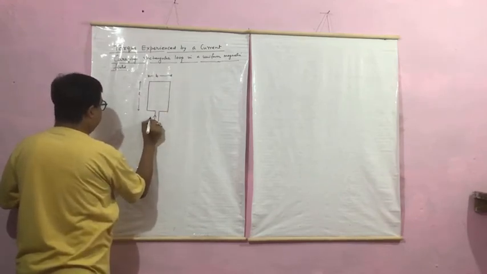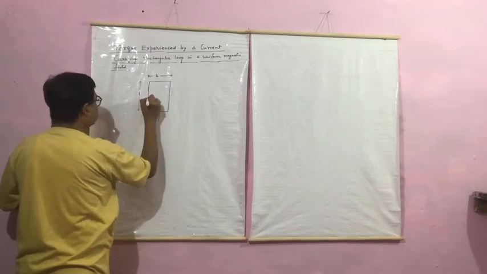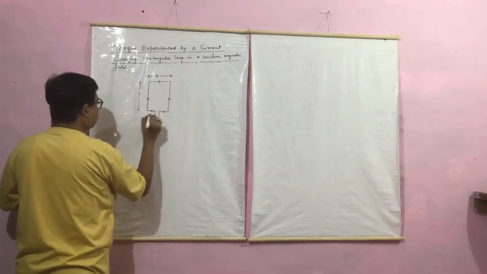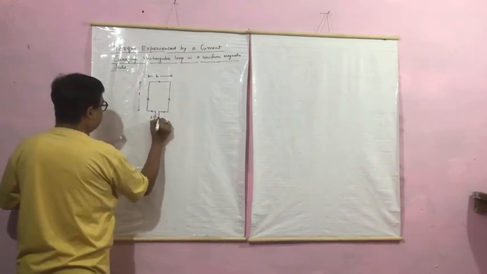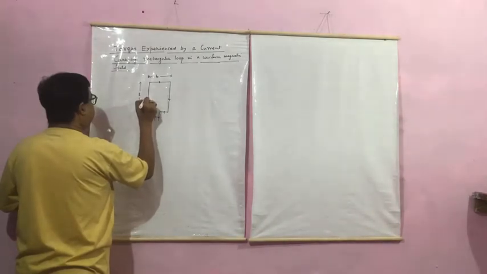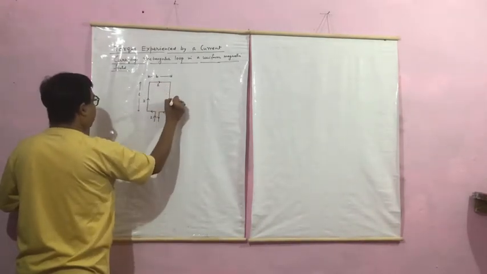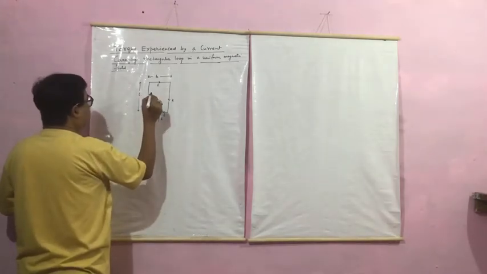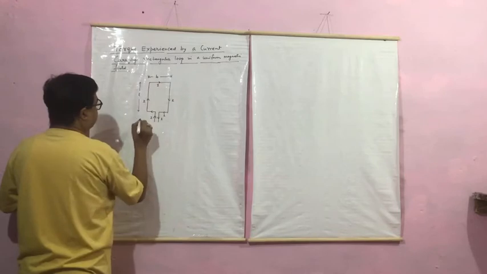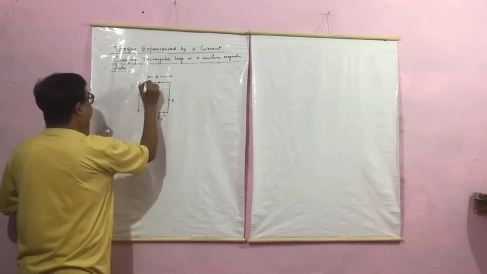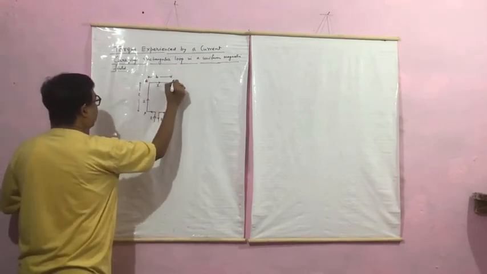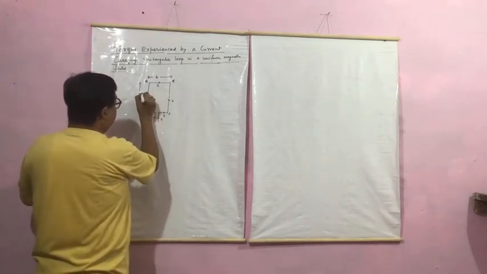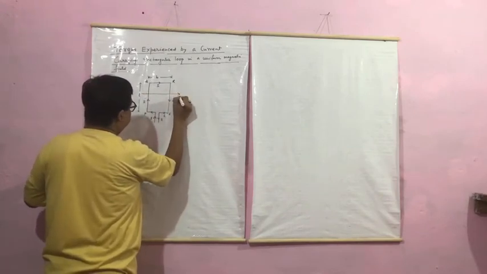A current I flows through this, PQRS, and there is a magnetic field B.